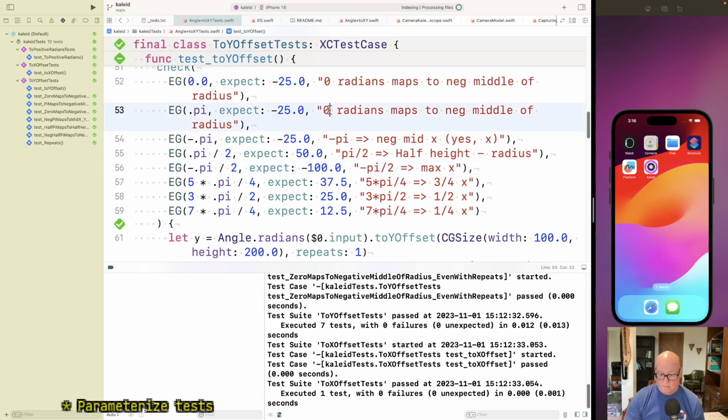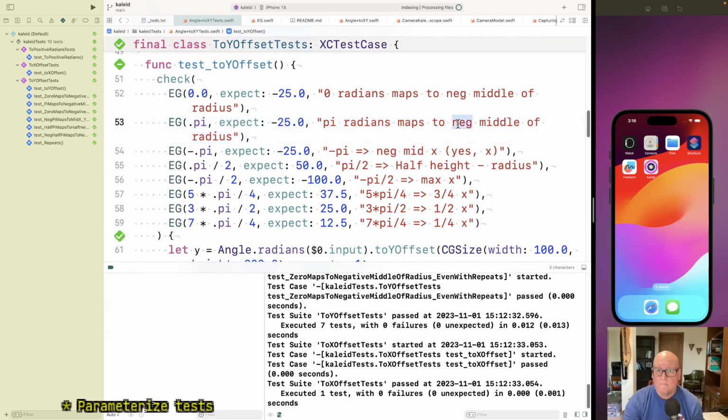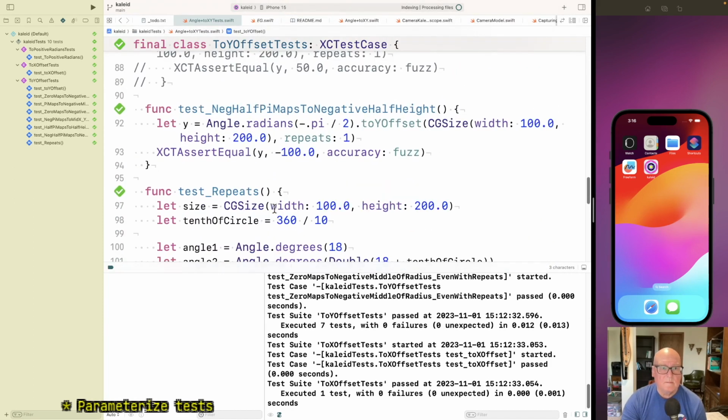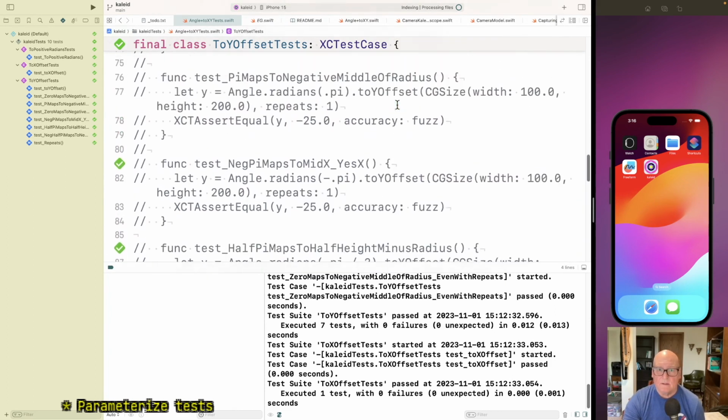Yes, thank you. Minus pi over 2 goes to minus 100, which is minus half the height.